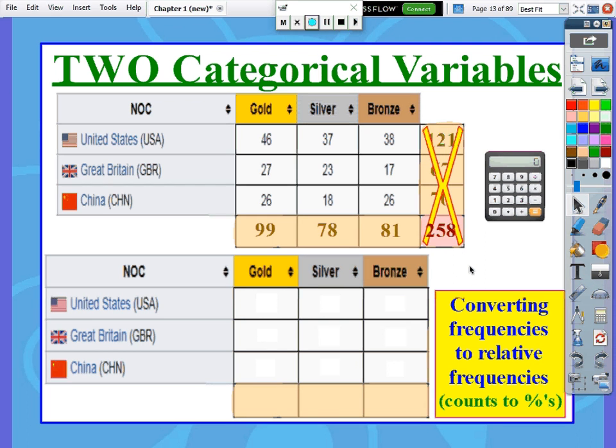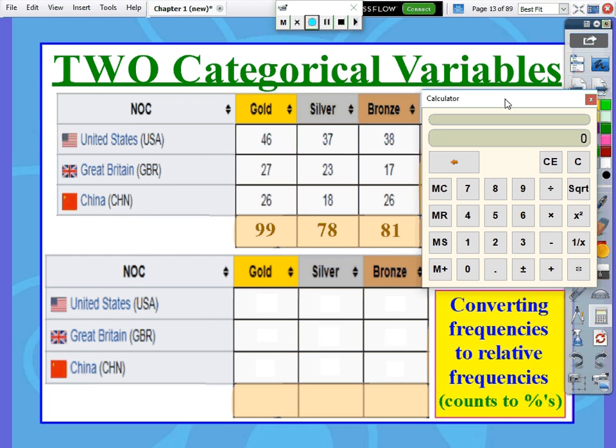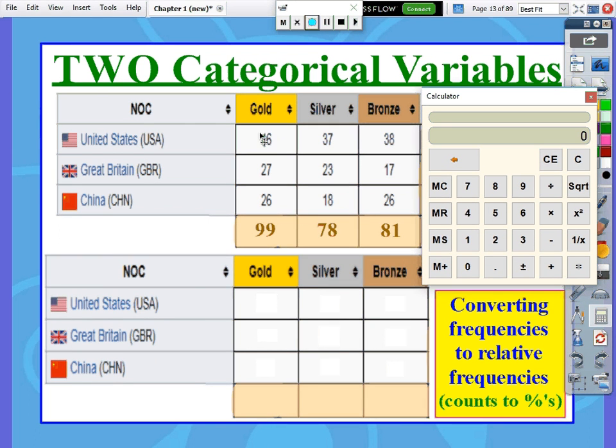Now, if we wanted to convert all those frequencies or counts into percentages, this should be a really easy thing for you guys. So for instance, if I wanted to focus just on medals. Then what I might do here is say, well, the United States had 46 gold medals out of 99 medals altogether. So 46 divided by 99 gives me 0.46 repeating, really.